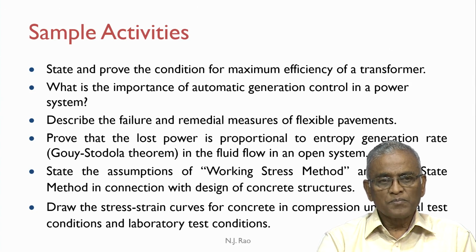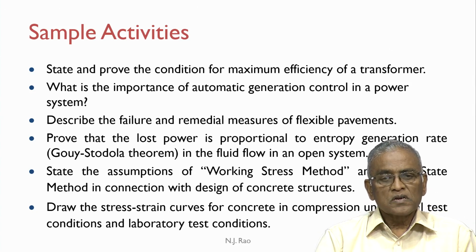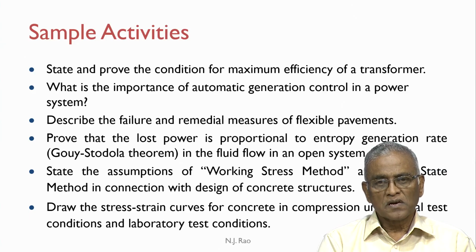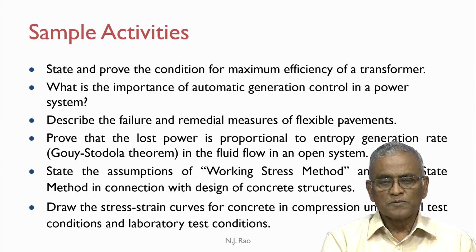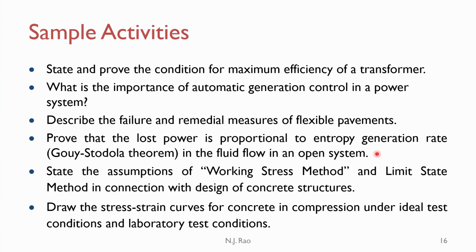All these examples are similar. What is the importance of automatic generation control in a power system? You are only stating the importance; it is presented to you earlier, you are remembering. Describe the failure and remedial measures of flexible pavements. Prove that lost power is proportional to entropy generation rate in the fluid flow in an open system.